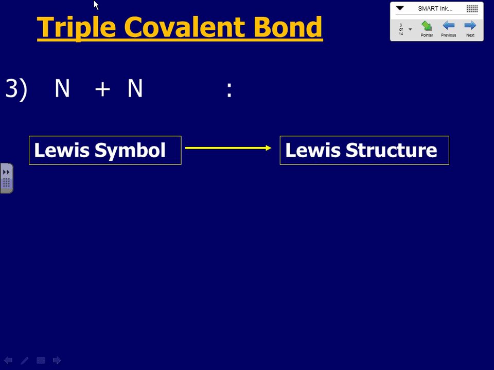We're going to bring these things together, and it's a triple covalent bond, so that's a little bit of a hint on what's going to happen here. You guys are pretty good at seeing trends in things. How many dots around that N? How many valence electrons? 5.